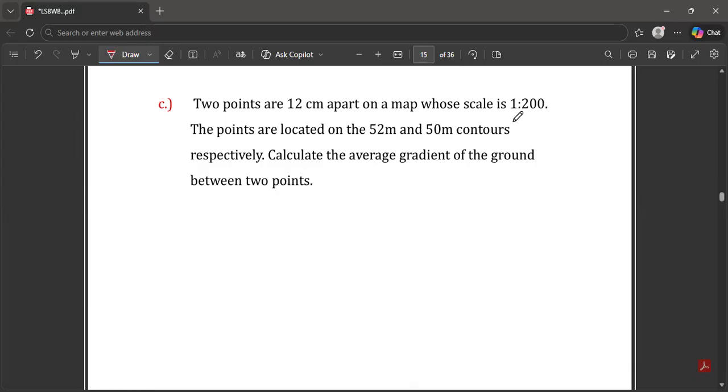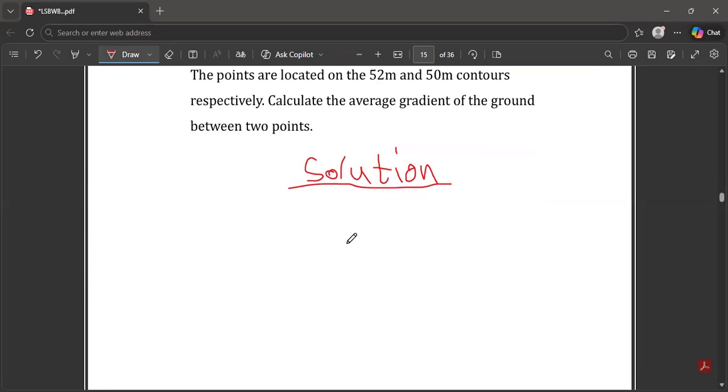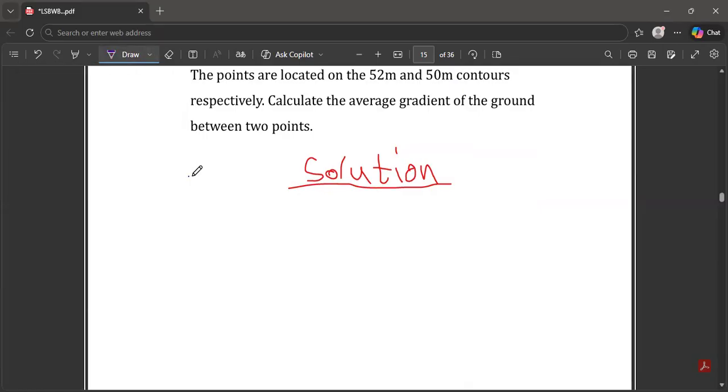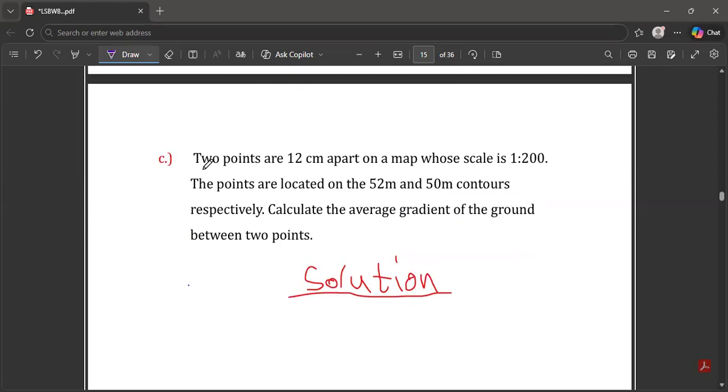So, without wasting much time, let's just proceed to the solution. We just pick the information, and then that will be better. Some of the points we have to know is that two points are 12 centimeters apart on the map, and the map scale is 1:200.